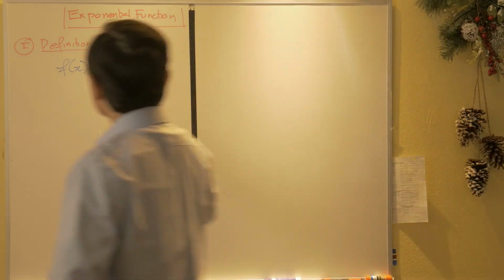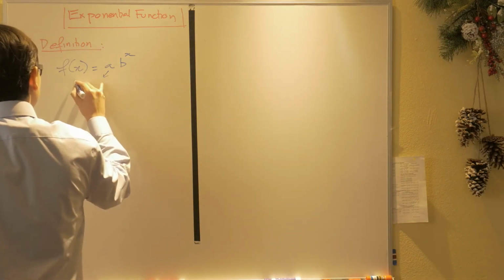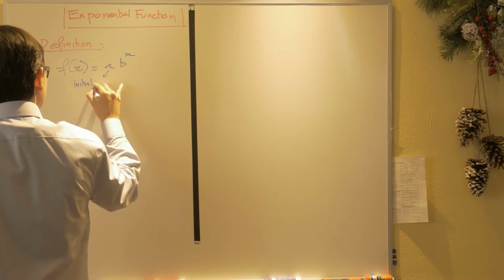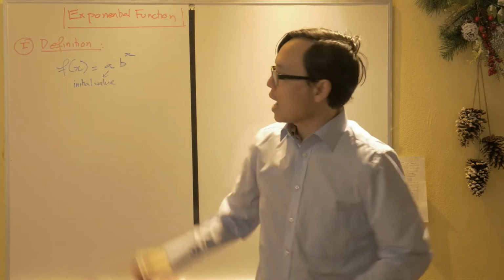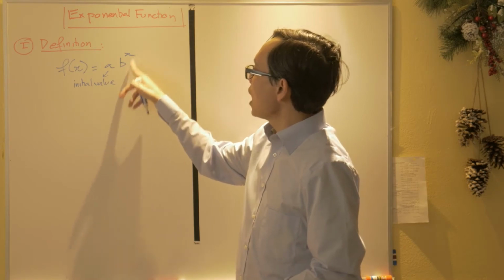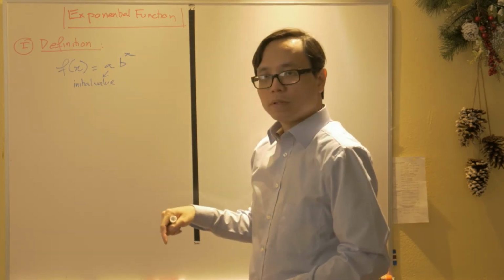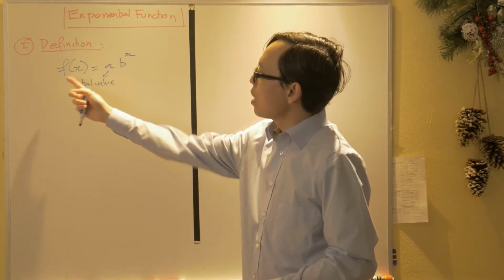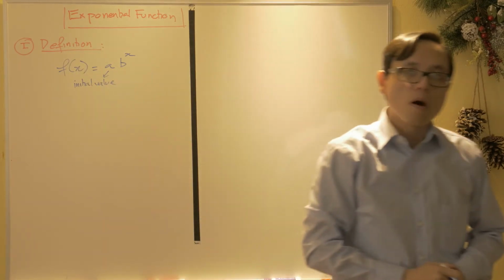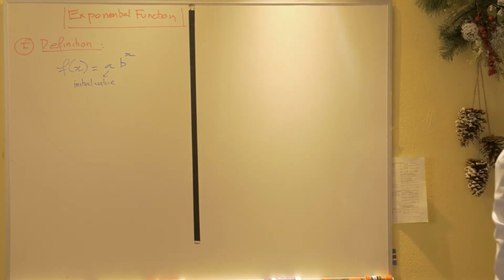The reason we call it the initial value is that if we replace x with 0, we have b to the 0. So b to the 0 is 1, and your output becomes a only. That's why we call a the initial value.